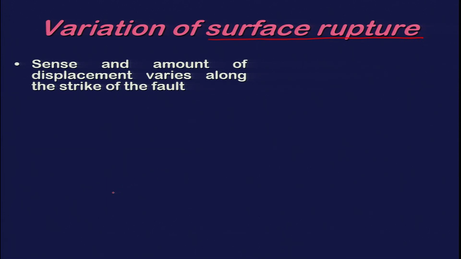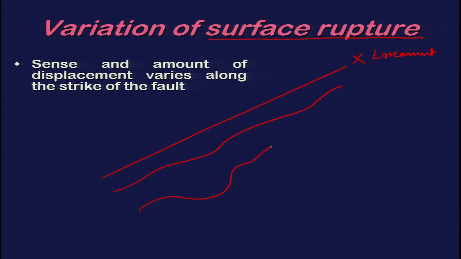If you draw the fault line in plan view, it will never be a straight line, which is what we usually expect and do when marking lineaments. The strike keeps changing as shown here, and sometimes you may see fault traces like this, very curved in plan view.